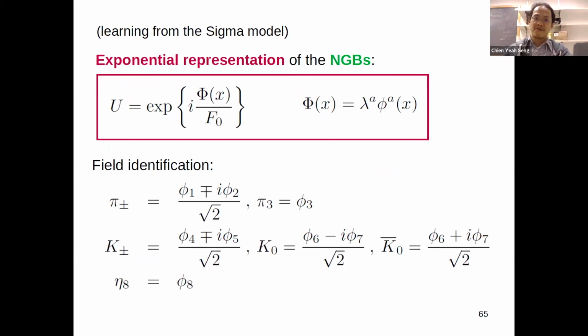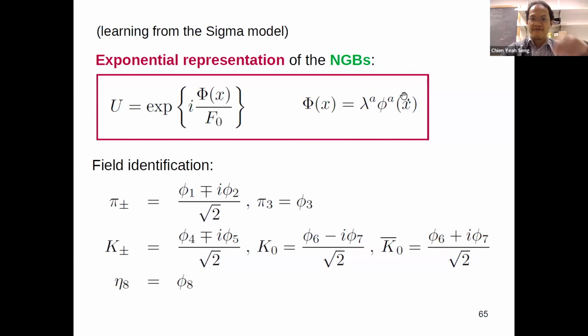Now, learning from the sigma model, we want to have an exponential representation of the Nambu-Goldstone bosons. So we have the exponential of this phi, where phi is a matrix which is a contraction between the small phi^a and the Gell-Mann matrices, and F0 is a parameter to be determined later.